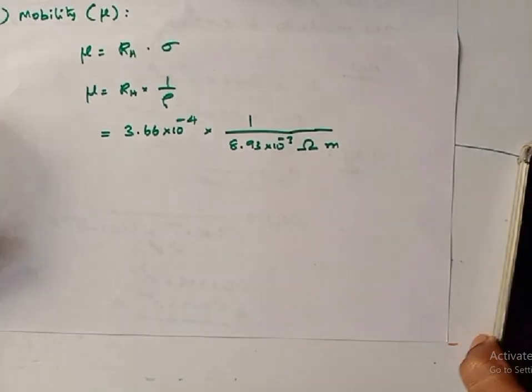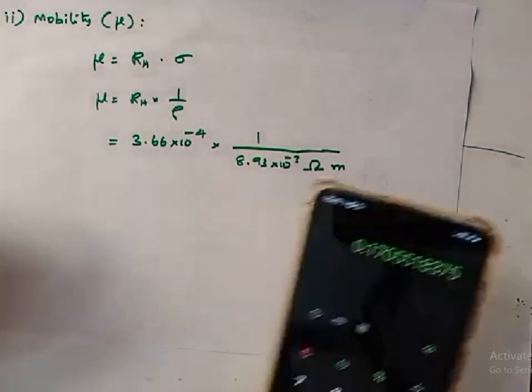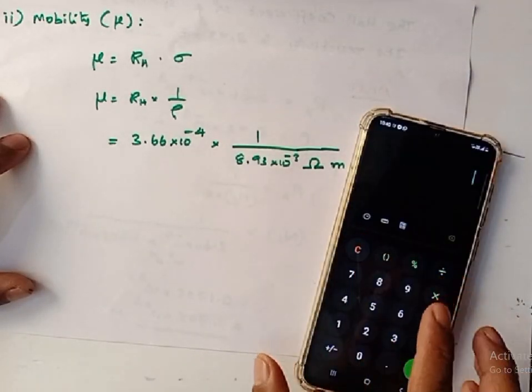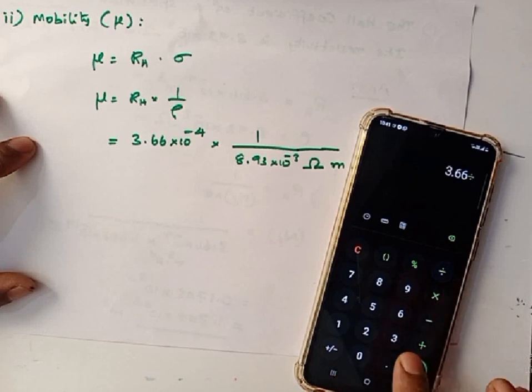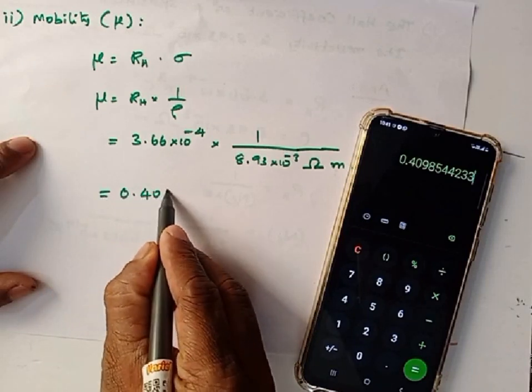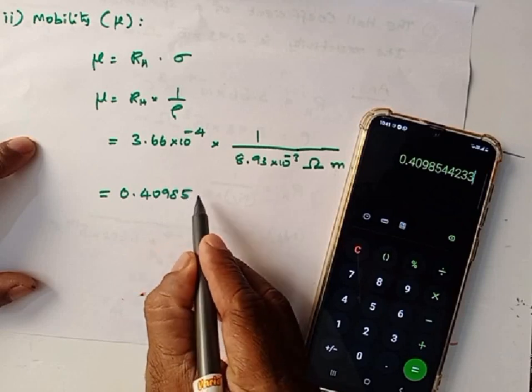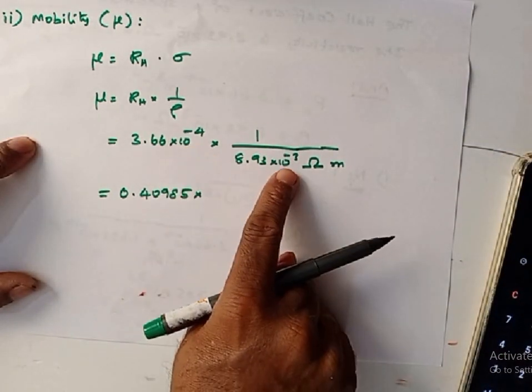So let me simplify this. 3.66 divided by 8.93, it comes out as 0.40985, into here we have 10 to the power minus 4, here we have 10 to the power minus 3.